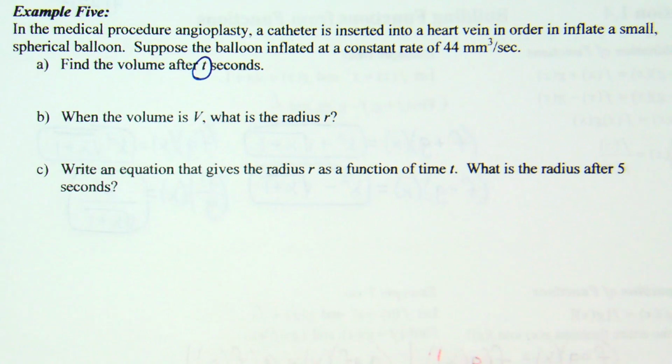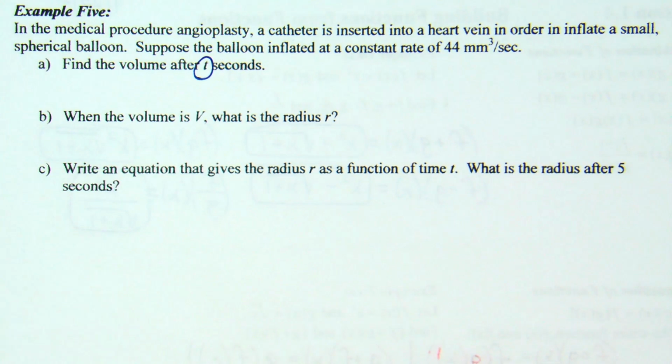Okay, so volume after T seconds. Let's talk about volume. What are you guys thinking with volume? Look at what they gave us in this problem. They gave us the rate at which it expands. So it's 44 cubic millimeters after 1 second, right?